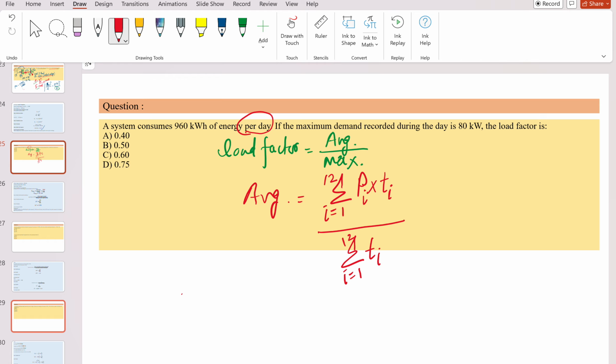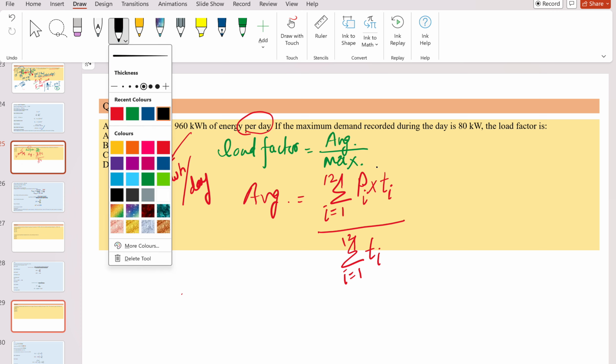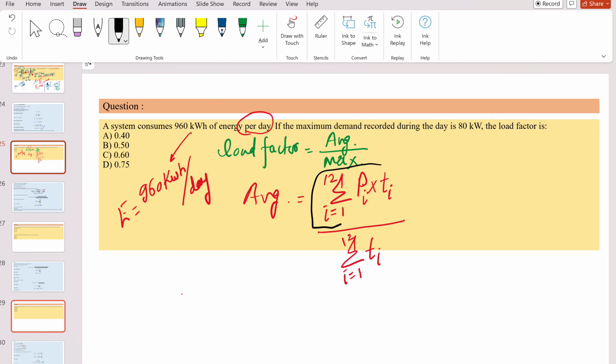Here it is saying that it is consuming 960 kilowatt hour per day, so the energy is given. This part is also energy.